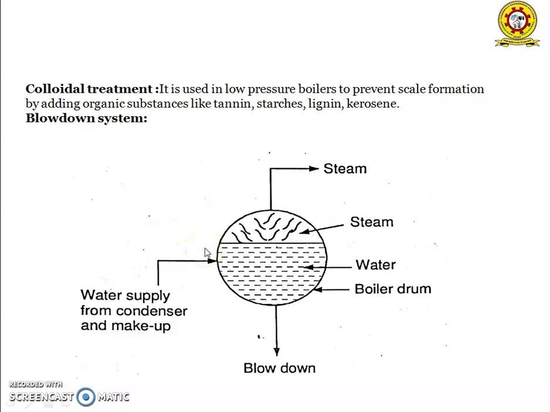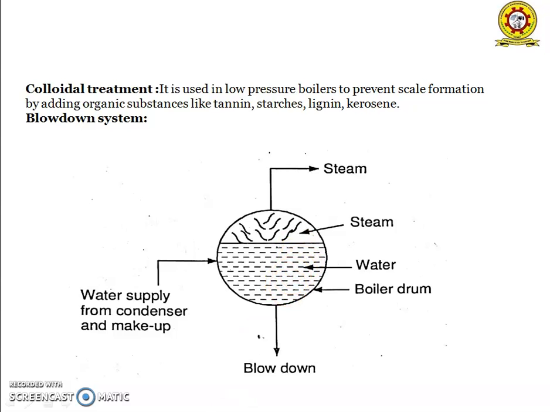Water entering the boiler from the condenser and the makeup contains some dissolved salts. The concentration of these solids goes on increasing as the water is vaporized. Beyond a certain limit of concentration, these solids may cause foaming and priming. The concentration of these solids can be reduced by drawing off some of the boiler water from the bottom of the boiler drum.